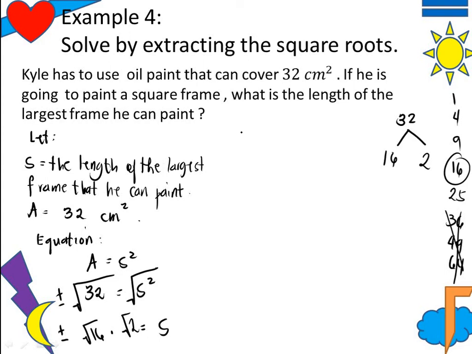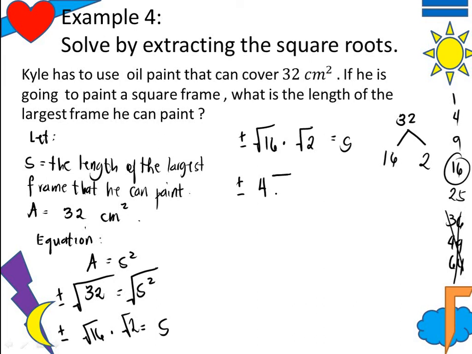Now, copy natin yung given. Plus minus square root of 16 times square root of 2 is equal to S. Now, plus minus, ano yung dalawang magkaparehas na number na kapag multiply mo, ang product ay 16? And that is 4. Next, anong dalawang parehas na number na kapag multiply mo, ang sagot ay 2? So, wala.